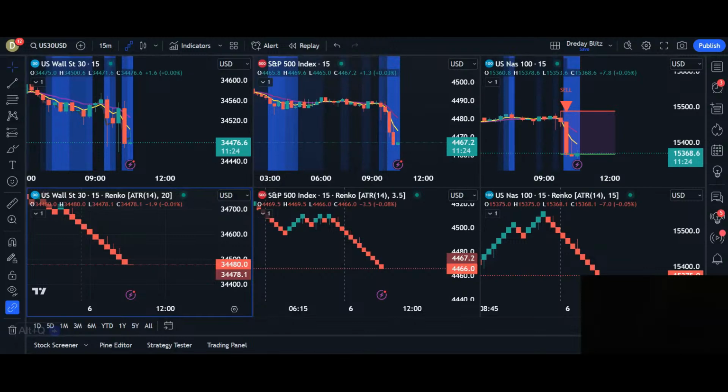As today, we had three sell signals overall, and all of them are in profit right now. So around 11 should be done for the day and should be in good profit, depending exactly on your account size.